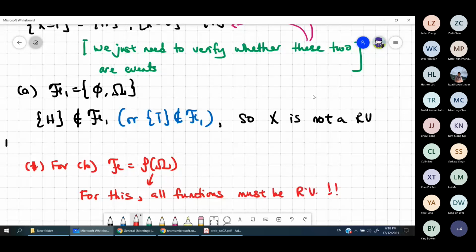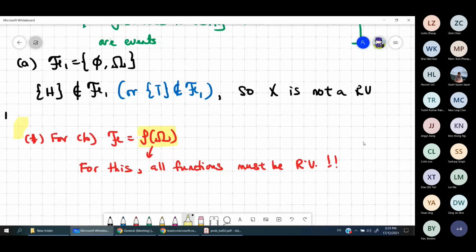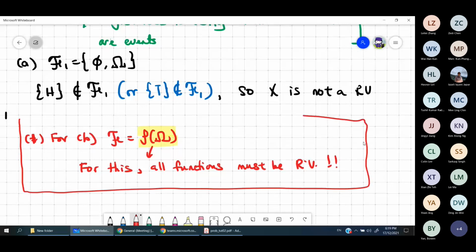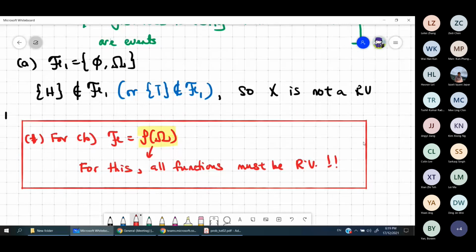So we don't have to worry about it. When we consider this power set, it must be a random variable for any kind of function. So that's why we don't have to worry about it for this case. Just a remark for you: only part A, we need to do the verification for.